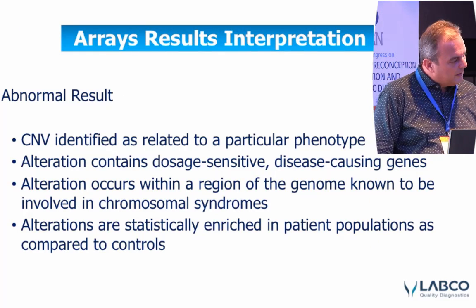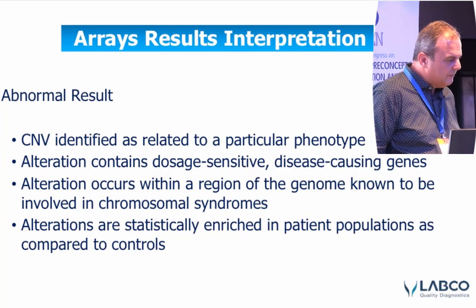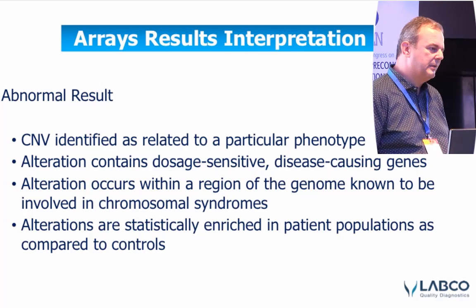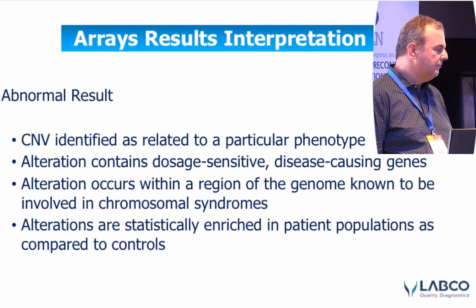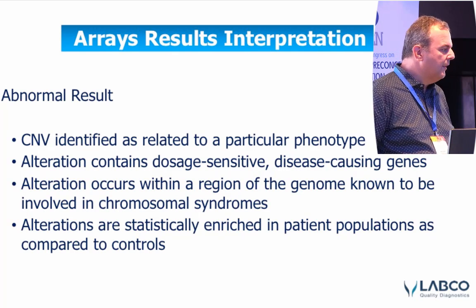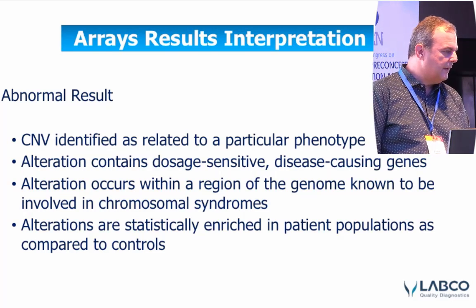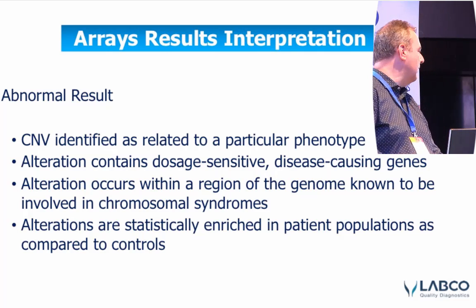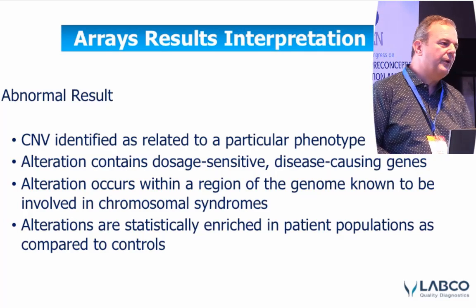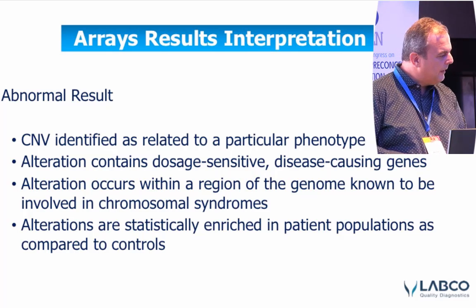And this brings us to the last thing about the array, which is the interpretation of the results. Basically, you have three kinds of reports. With abnormal results, this means copy number variants are identified, and these are clearly related to a particular phenotype which is well described in the literature.